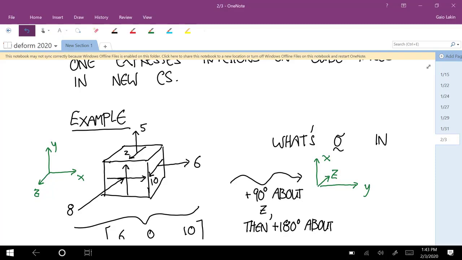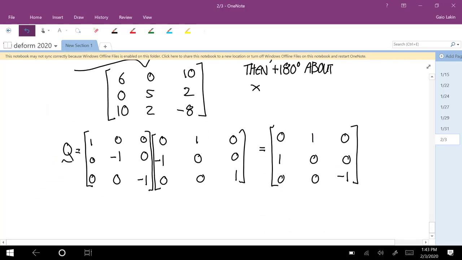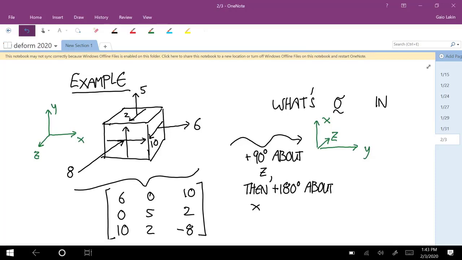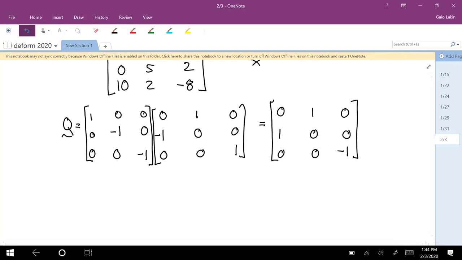Then the y-axis of coordinate system A is along the positive x-axis of that, so that should be 1, 0, 0, the second column, and that's what it is. And then the z-axis, put that over here, it's in the negative z direction, so it should be 0, 0, negative 1, and that's what it was. So this is our rotation matrix.